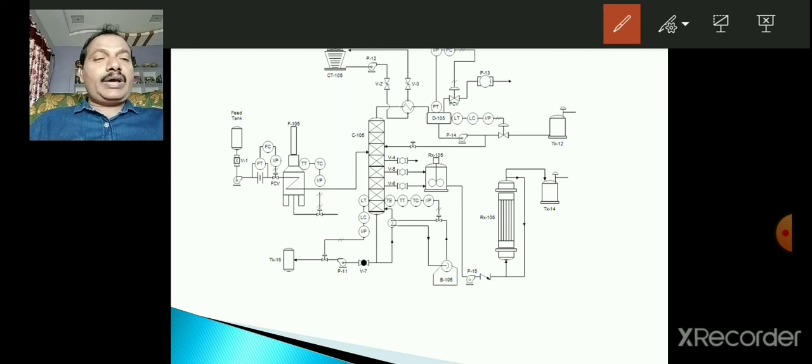Here, if you observe, pumps, heaters, condensers, and equipment, that means controller and transmitter equipment, are available. So for each loop, how a parameter is controlled can be observed.